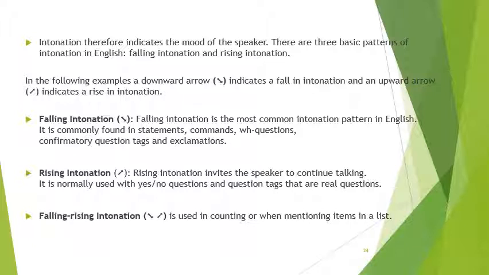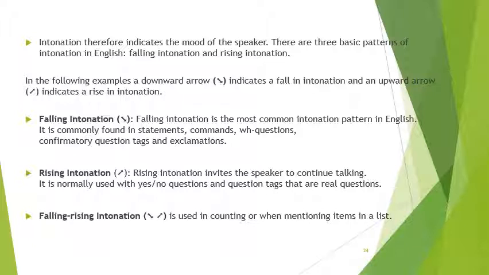And there are three basic patterns of intonation in English. We have falling intonation, rising intonation, and falling and rising intonation. In the following examples, a downward arrow indicates a fall in intonation, and an upward arrow indicates a rise in intonation.